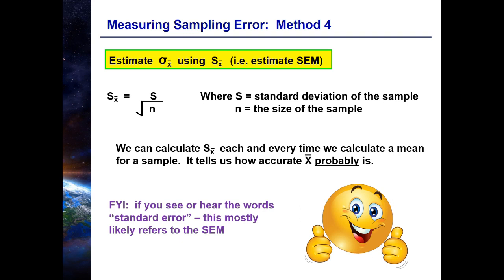And almost always when somebody talks about standard error, they're talking about standard error of the mean. In other words, they're talking about this, SEM. We get a little sloppy and we just say standard error and leave out the M. But just so you know, when people talk about standard error, it's almost always standard error of the mean.